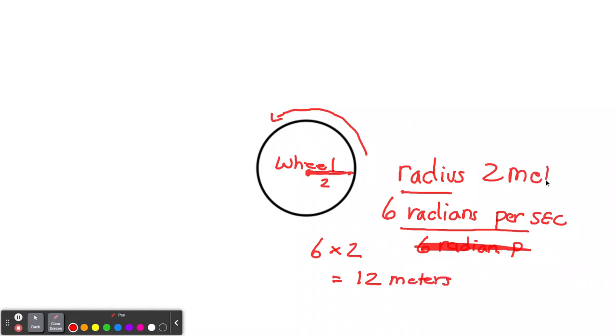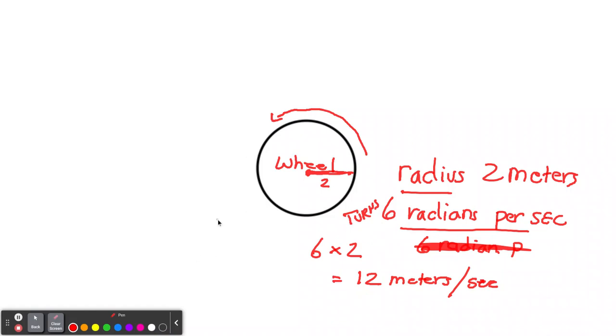Remember, we said here this was meters. 12 meters per second, right? And the slash means per. So that's all you're doing. You're just multiplying the radius times the amount of turns. These are the turns.